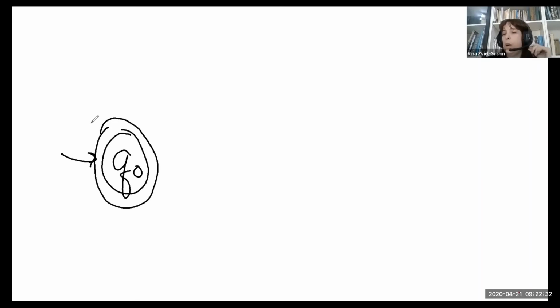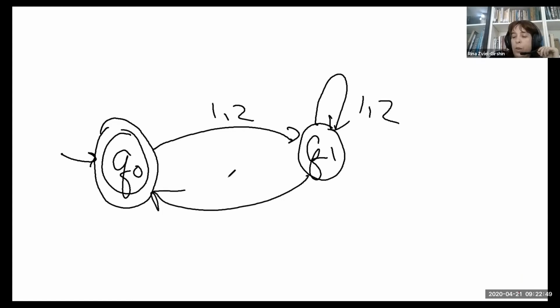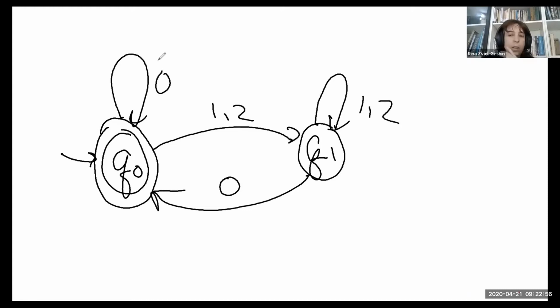What do I do now? If I get 1 or 2, I move to a rejecting state. If I continue to get 1 or 2, I'm still in the rejecting state. And when I get 0, I move to Q0. And if I continue with zeros, I stay here.